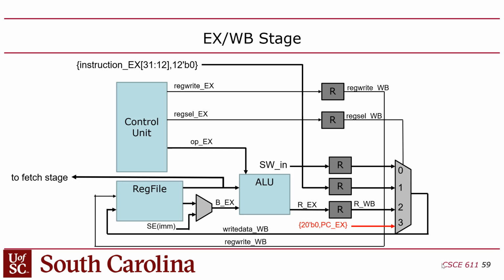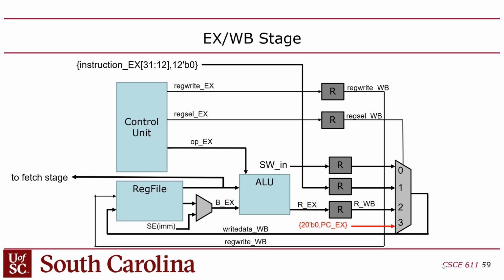There's a little nuance here, though, because the program counter that you want to feed in there is the program counter associated with the instruction that's in the execute stage, because the jump and link will be writing the register in the write back stage.